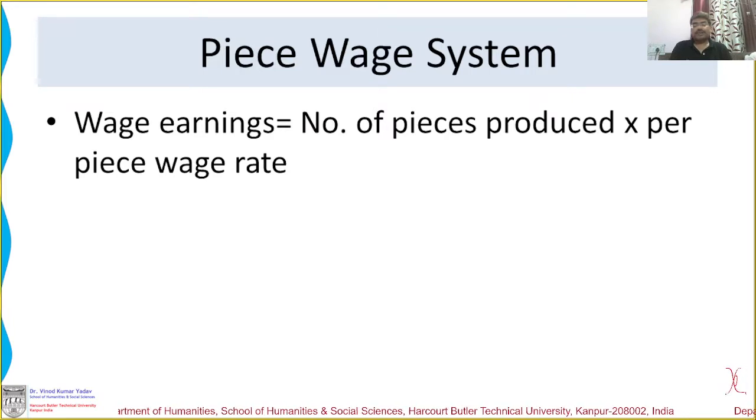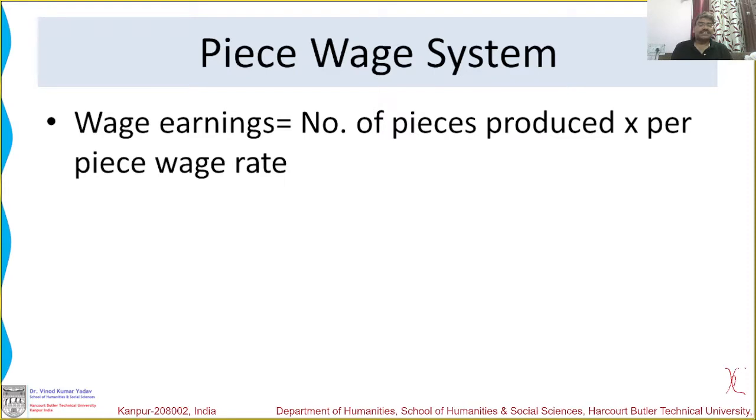As the per piece rate is already decided, the laborer or employee gets paid only for the number of pieces produced or checked. Now, there is a very simple drawback of this system: the defects, the wastage and the errors are counted on the part of the worker or laborer, because the company is not paying for that.